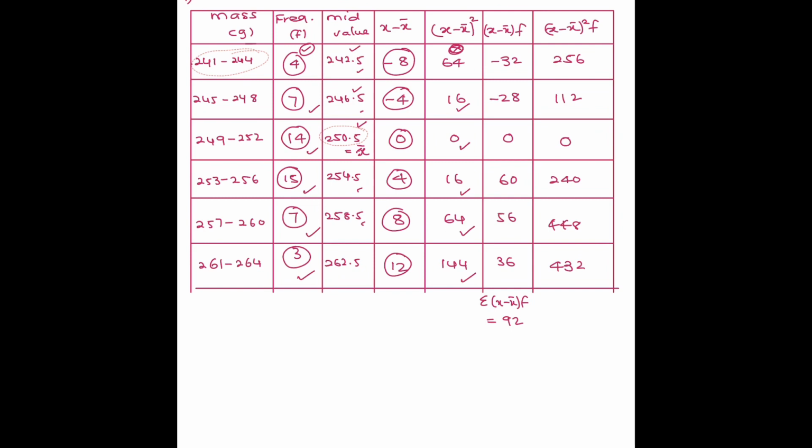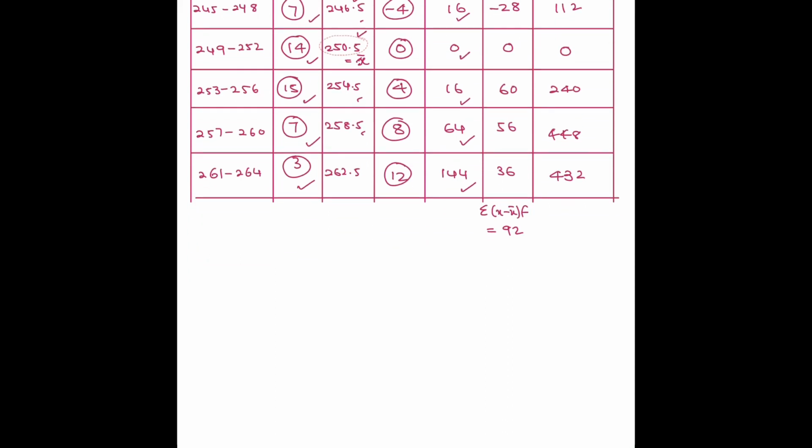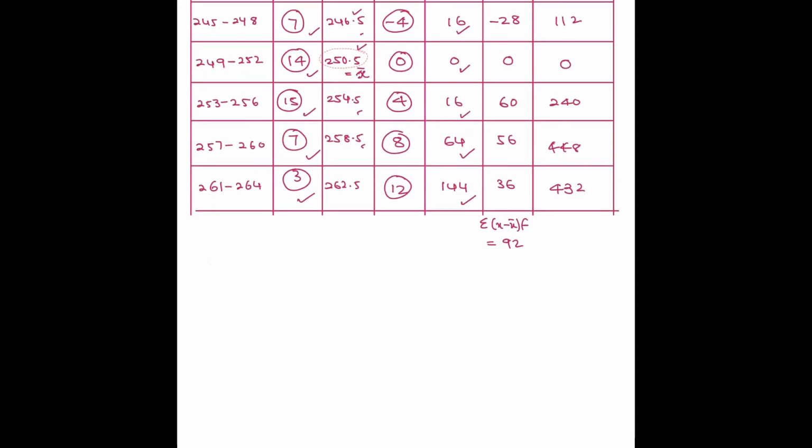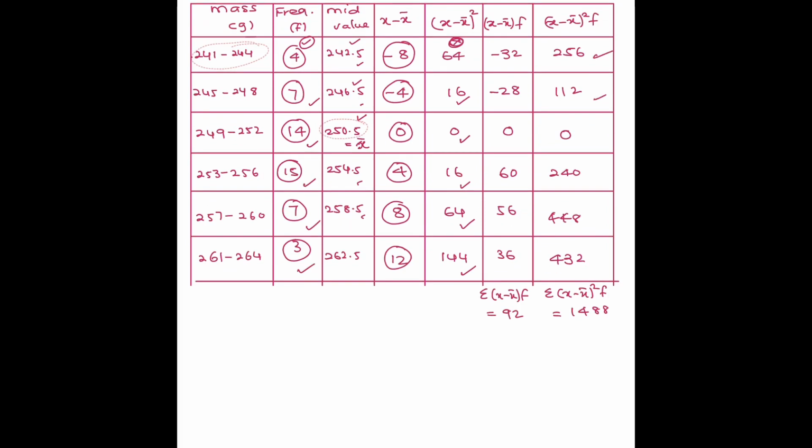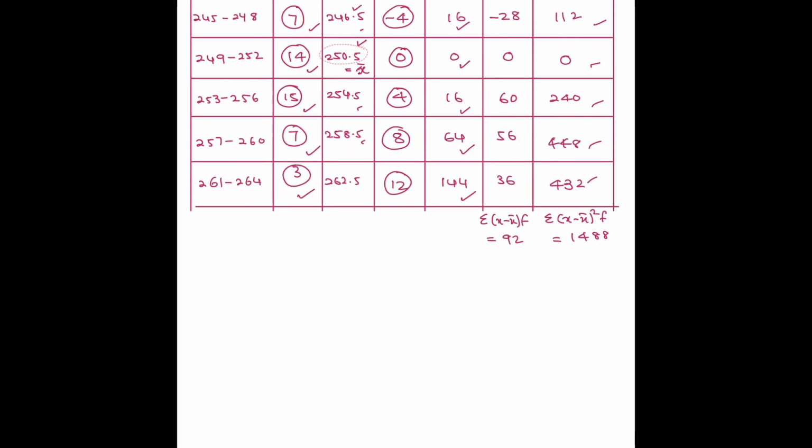Now the question is, how do I know what values I need? The answer is, you write down the formula first. This is sigma x minus x bar squared times f, 1488, the sum of all these values.